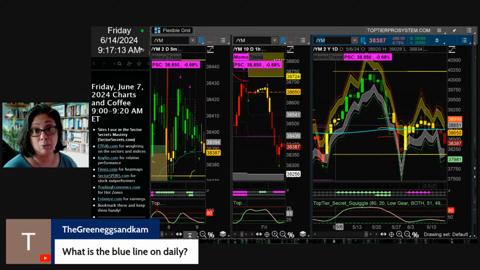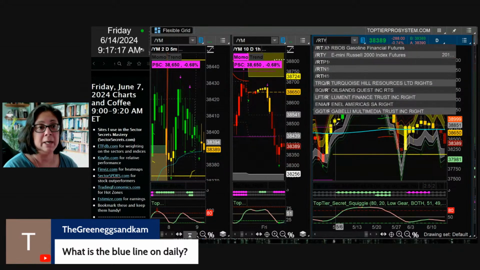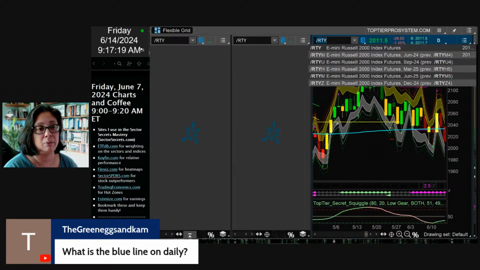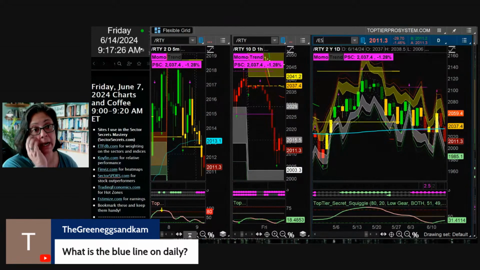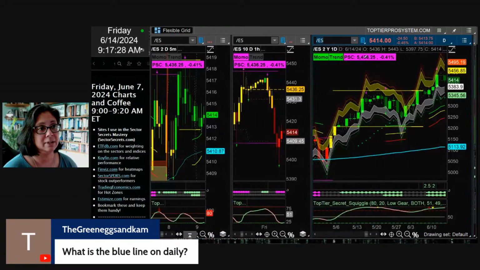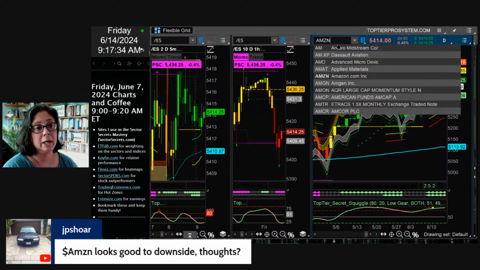So Dow is not somewhere where I'm really all that interested in. It's not benefiting from the strength at the stock level that we're seeing. Same thing goes with the Russell. These are two very heavy indices. And just because the S&P and NAS are moving higher doesn't mean the Dow is necessarily going to benefit. So we definitely want to keep that focus on where the index sector stock alignment is best.